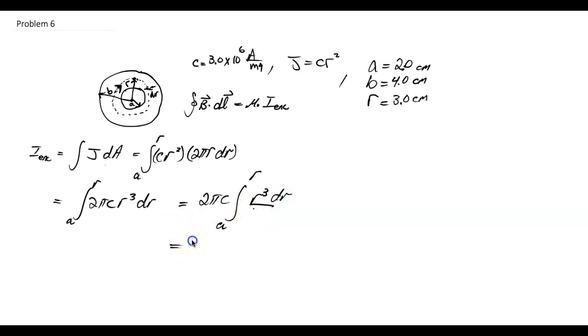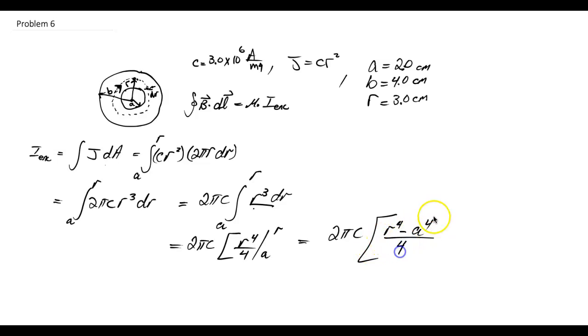And we know this gives us 2 pi c r to the fourth over 4 between A and R, which means this is 2 pi c times r to the fourth minus A to the fourth over 4, or the same as pi c times r to the fourth minus A to the fourth all over 2.